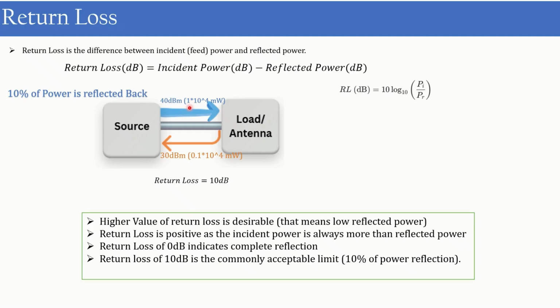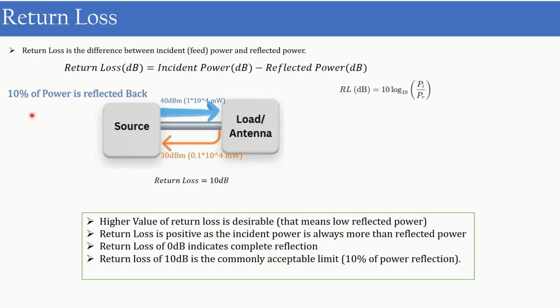Here I'm considering around 1 into 10 to the power 4 milliwatt as the feed power that corresponds to 40 dBm, and because of the impedance mismatch around 10% of power is getting reflected back, that is 0.1 into 10 to the power 4 milliwatt is getting reflected, which corresponds to a power of 30 dBm. And when we subtract incident minus reflected, we will get a return loss of 10 dB.